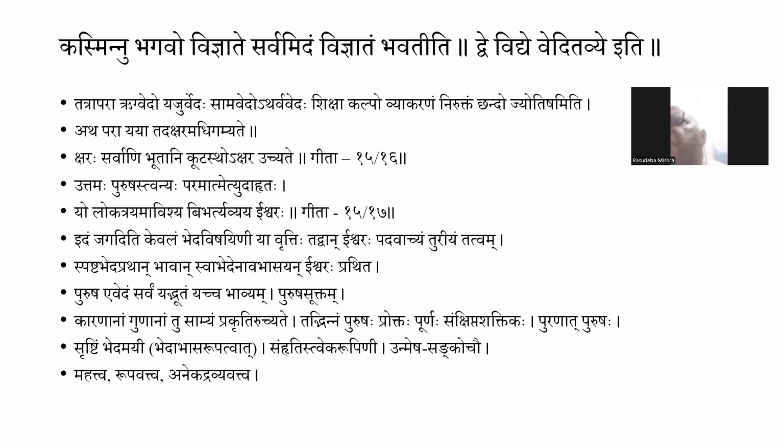It must have discreteness and a confined structure which can be perceived. Second is aneka dravyavatva. There must be many similar or different objects. If there is only one object, it will not be perceptible. Third is astitva. It must exist. It must not be non-existent.